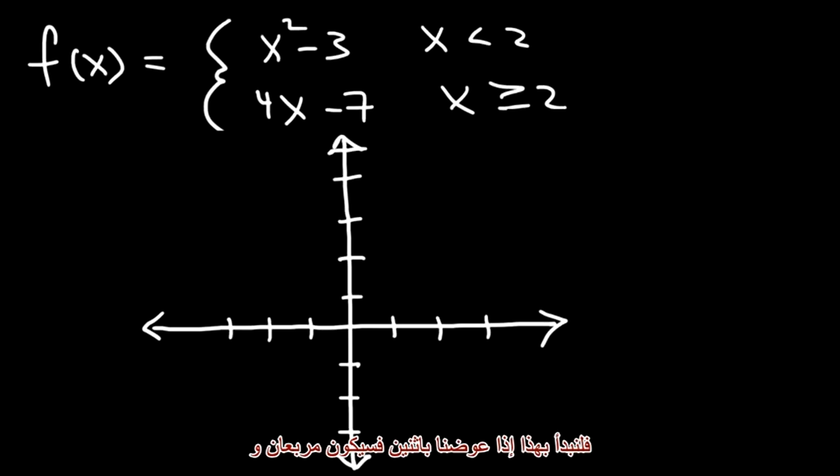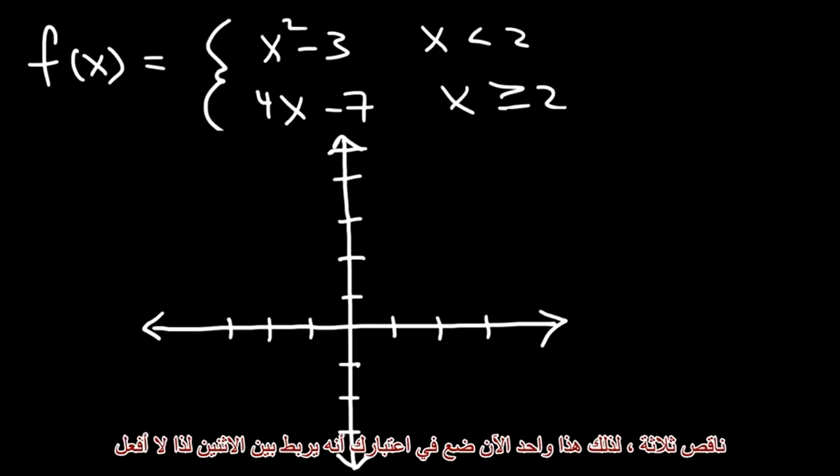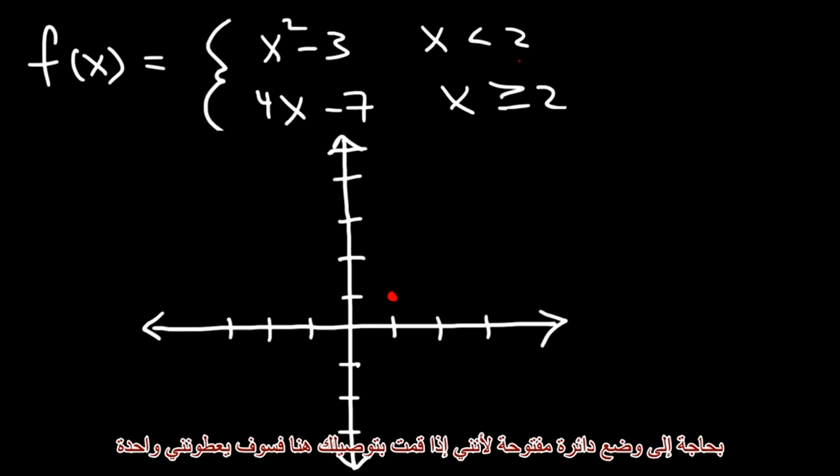So let's start with this one. If we plug in 2, it's going to be 2 squared minus 3, so that's 1. Now keep in mind it connects at 2, so I don't need to put an open circle, because if I plug in 2 here, it will give me 1 as well.